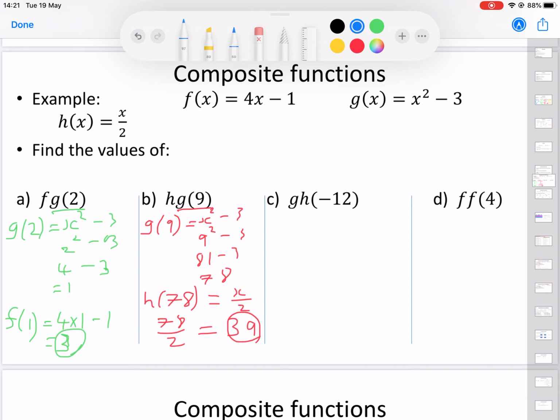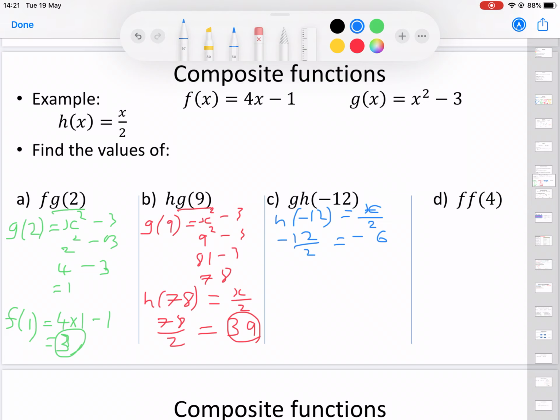Now I might start running out of space for some of these trickier ones. So gh of minus 12. We're going to put it through the h function first. So h of minus 12 equals x over 2. So that's minus 12 divided by 2, which gives me an answer of minus 6.